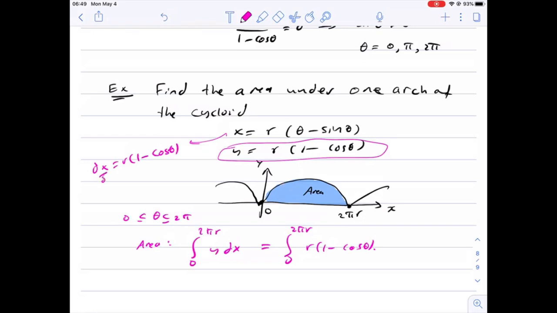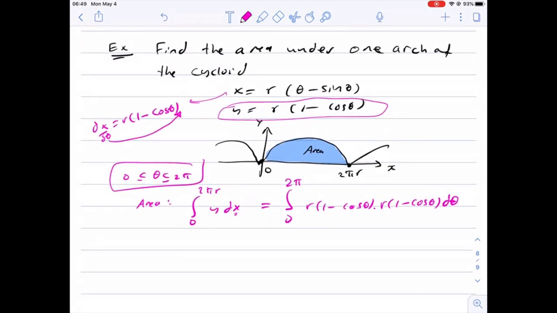We are differentiating with respect to theta, dx over d theta, and then we multiply this by d theta. We get r times 1 minus cosine theta d theta. And since we use theta from 0 to 2 pi, we don't need to write it as 2 pi r. It's from 0 to 2 pi, because here x is from 0 to 2 pi r. Now we convert it into theta, so theta is from 0 to 2 pi.